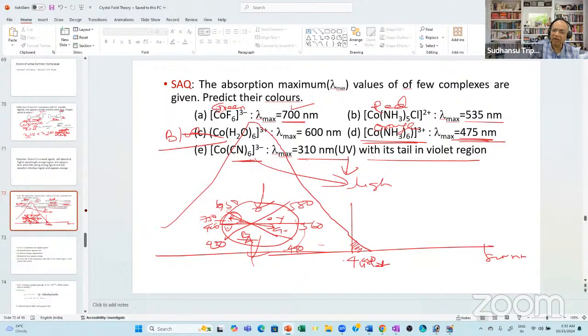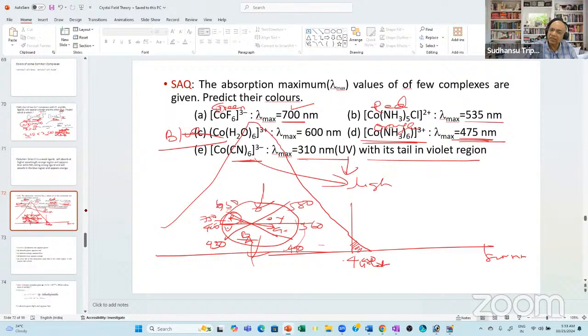So most of the cyanide complexes are colorless because the mountain remains in the UV region, but a few of them are light yellow because a very small part of the absorption peak extends to the violet region. So it is light yellow.